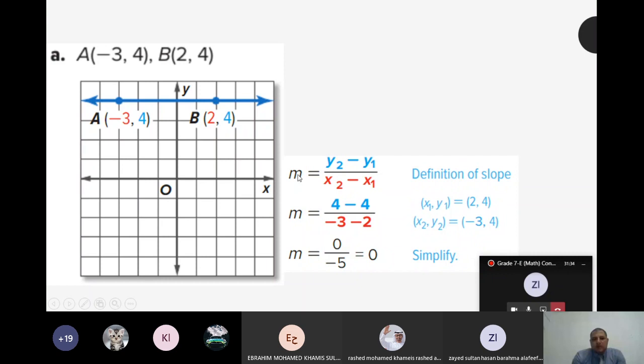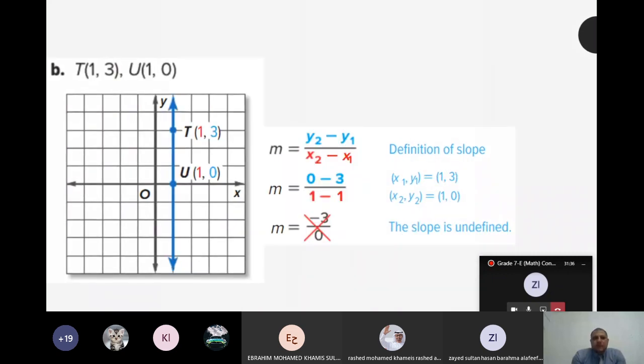Let's see what about the vertical line. The vertical blue line in the graph passes through points T and U, 1, 3 and 1, 0. So if we choose 1, 3 to be x1, y1 and 1, 0 to be x2, y2, then y2 here is 0 and y1 is 3.